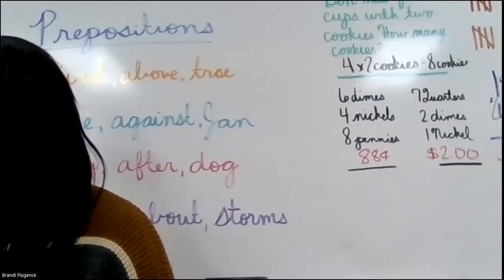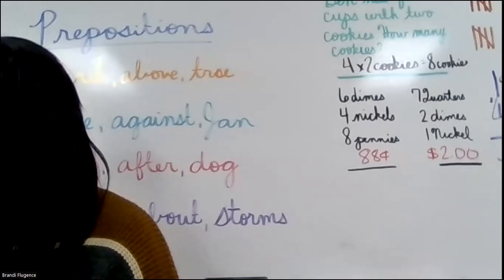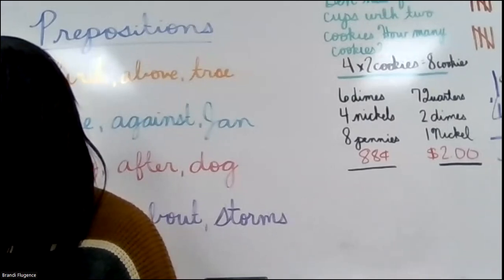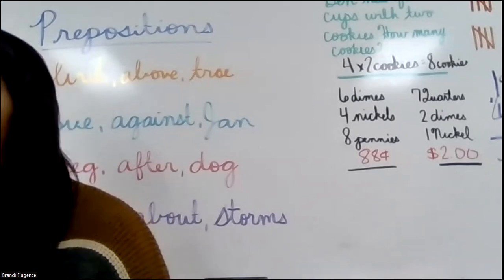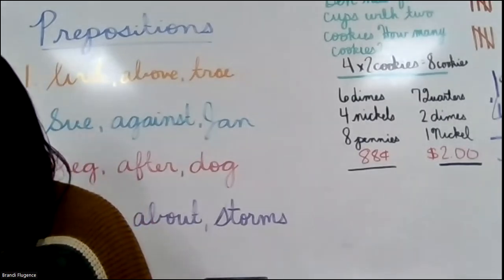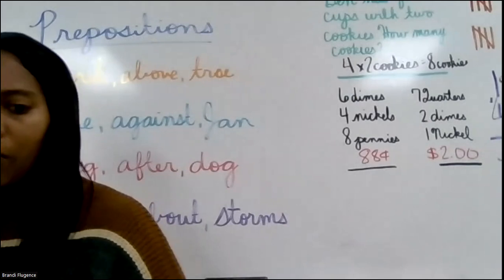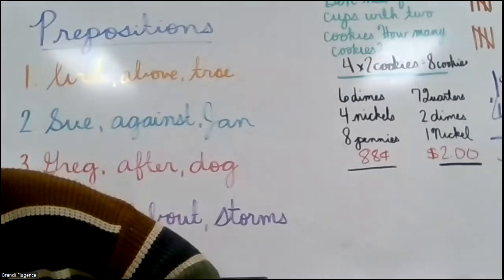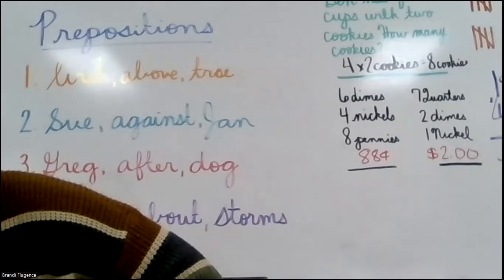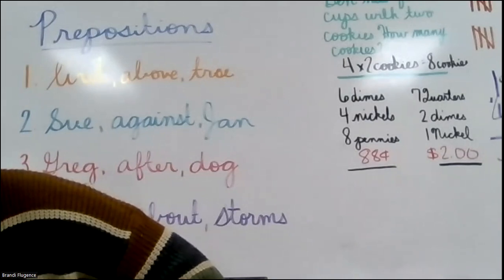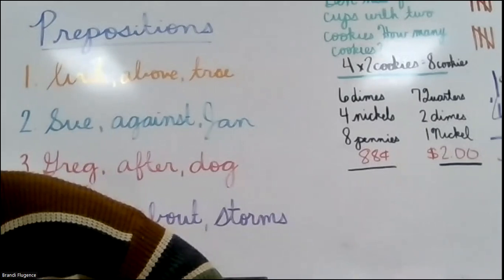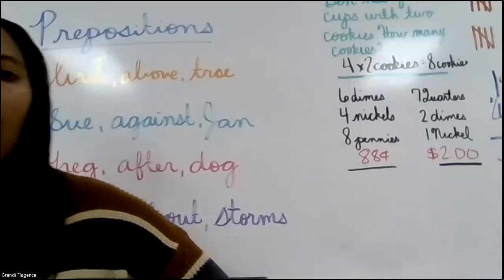Number 3, August, A-U-G-U-S-T. Number 4, awful, A-W-F-U-L. Lawn, L-A-W-N. Aunt, A-U-N-T. Yawn, Y-A-W-N. Straw, S-T-R-A-W. Daughter, D-A-U-G-H-T-E-R.